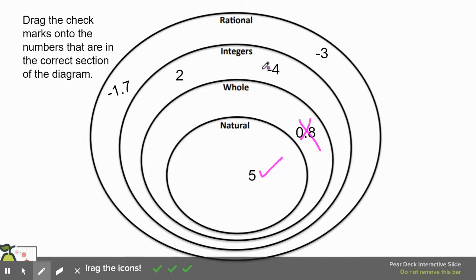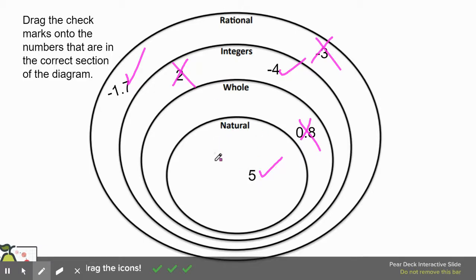That is an opposite, so that is in the correct spot. However, 2 should be placed in our natural number spot. -1.7 is a negative with the decimal, so that is in the correct spot. It can only be a rational number. However, -3 is placed in the wrong spot. That should be in the integer circle.